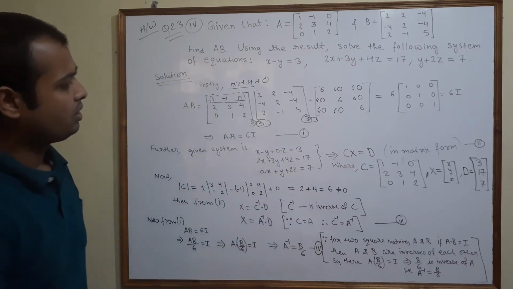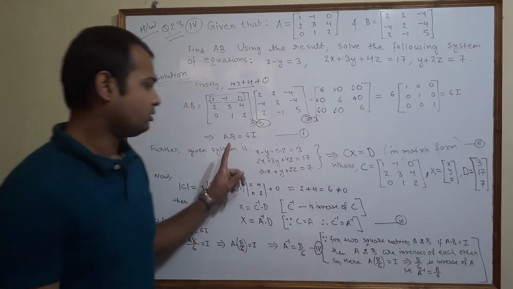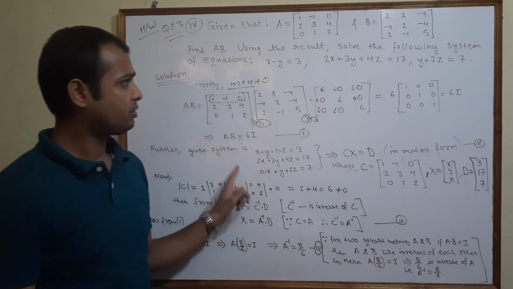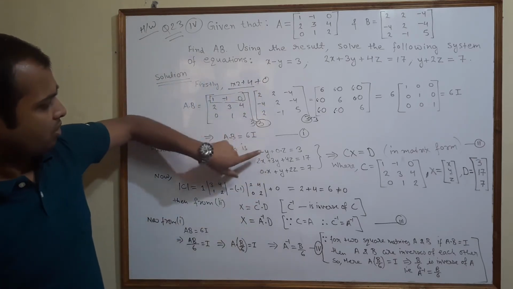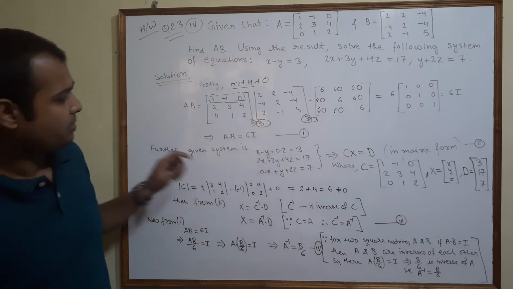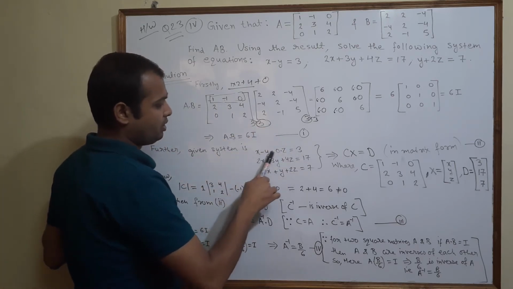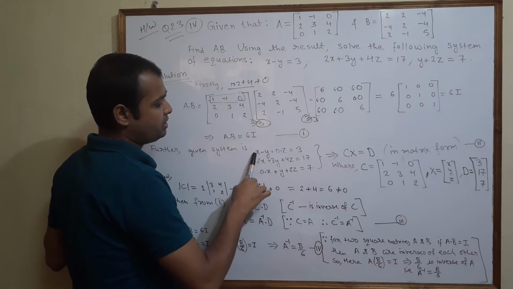When you write this system of equations, you must have observed that here the coefficient is 1, here it is minus 1, here it is 0.